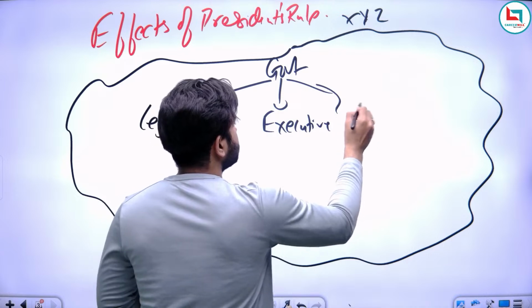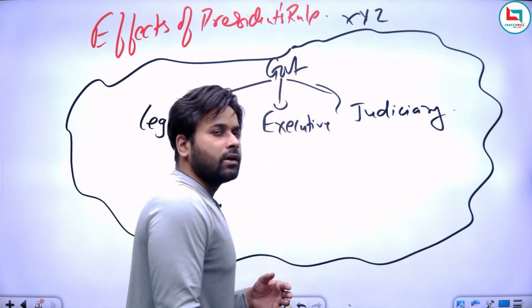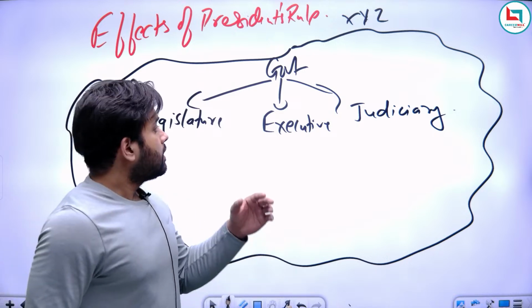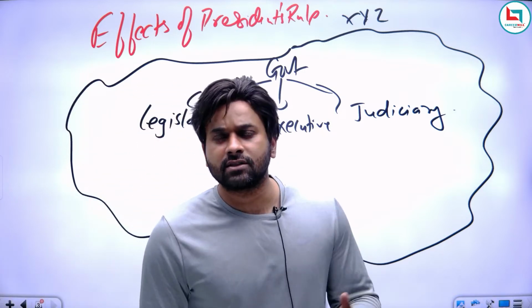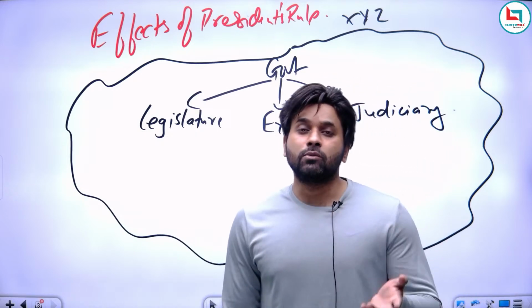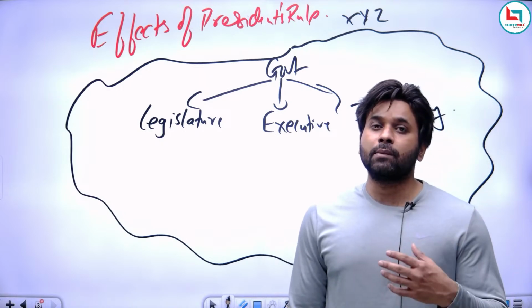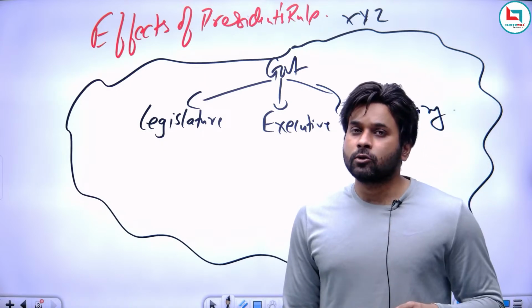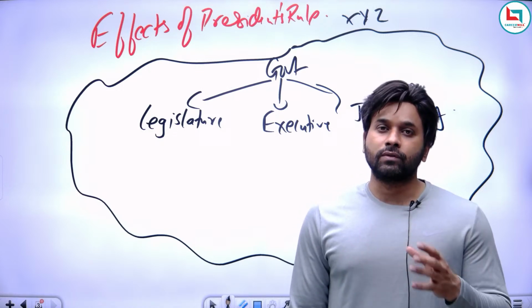The third is the judiciary. So in any state there are three organs of the government. Be it Uttar Pradesh, Madhya Pradesh, Rajasthan, Assam, Arunachal Pradesh, Manipur, Tripura, Jammu Kashmir. No, not Jammu Kashmir, because Jammu Kashmir is a union territory. We are discussing specifically the states. So we have 28 states, and in all 28 states you will find these three organs of the government.